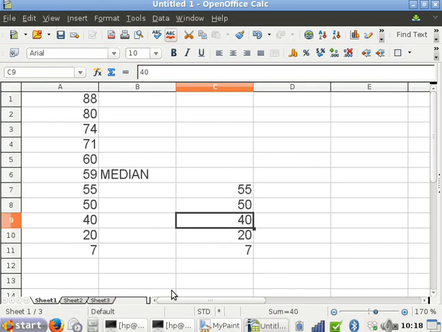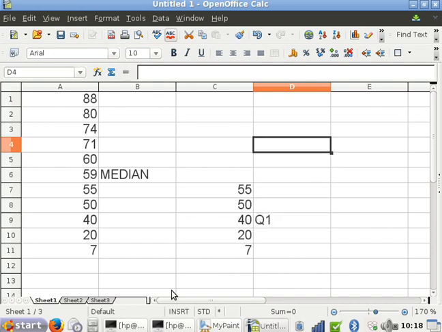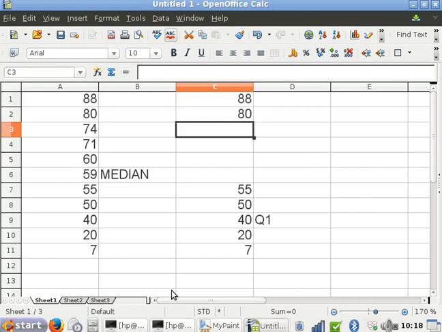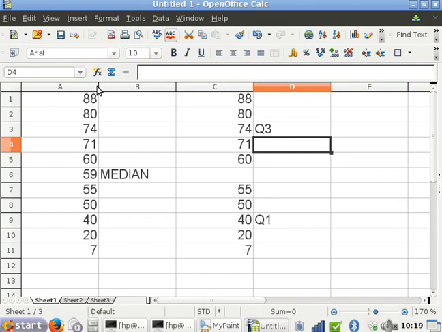Where is the lower quartile here? 40. So this is the lower quartile. And then here again, 88, 80, 74, 71, 60. 1, 2, 3, 4, 5. Where's the upper quartile here? 74. So this is by excluding the median.